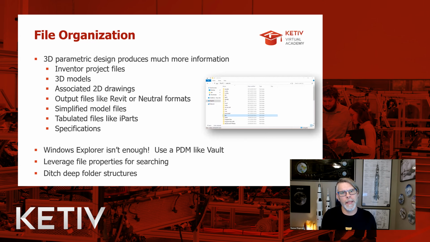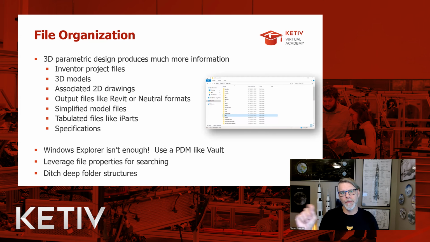So another way that we can start identifying the information that we need is by leveraging properties or metadata. I talked about this before, but file properties allow us to start categorizing and classifying information. A good file property is not only a file name, but like a material or a part number or a stock number or a description or an author.